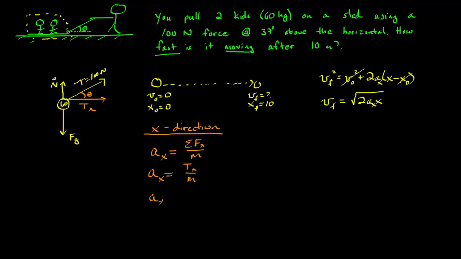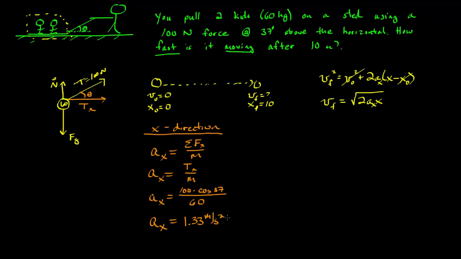So my acceleration in the x is going to be 100 times cosine, since it's next to the angle, 37, divided by the mass of all the kids, so 60. All right, now we can just plug that in the calculator. And we get an acceleration in the x direction of 1.33 meters per second squared.